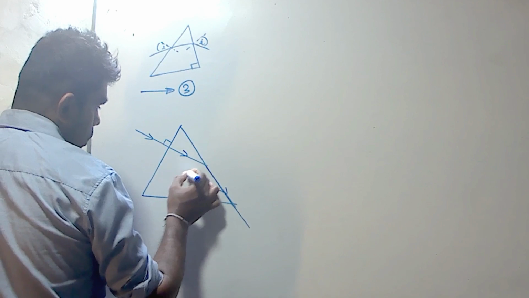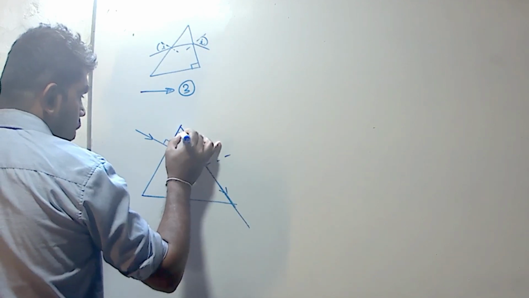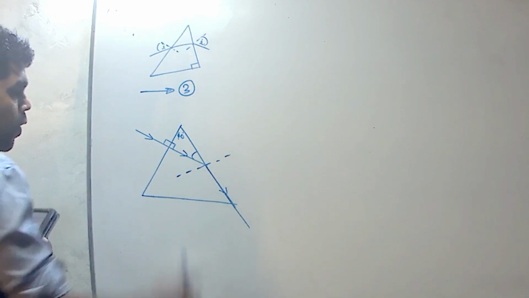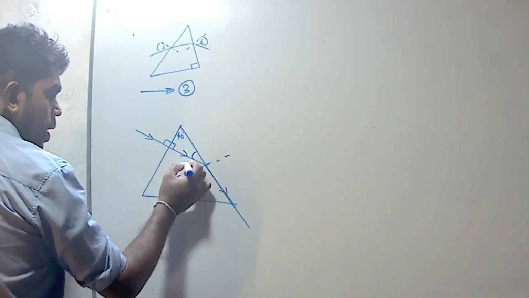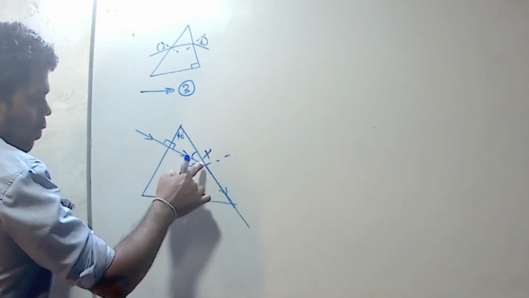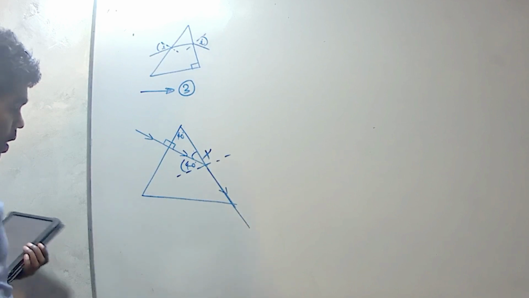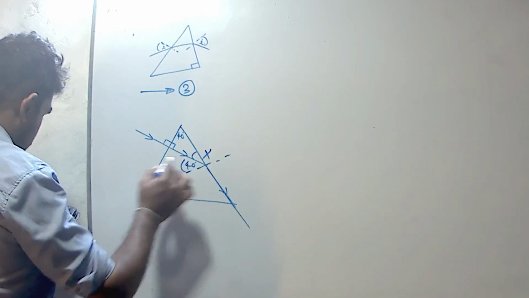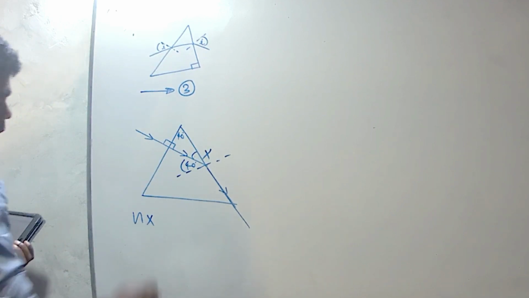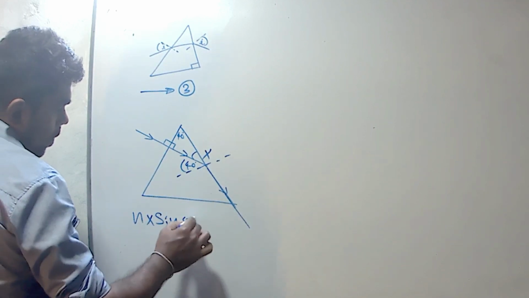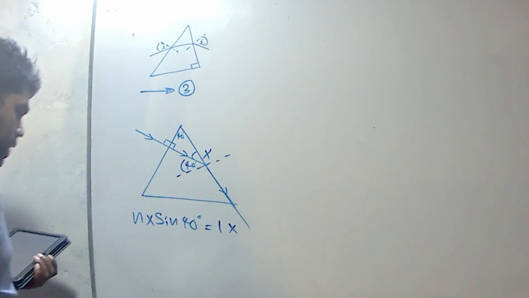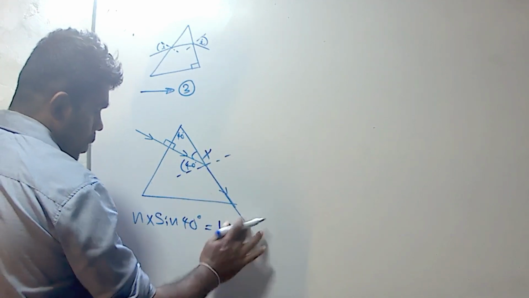Now, we know that this angle is 90, this one is 90 minus 40, it means 50. Again this angle is 40. Now we can use Snell's law for this point X. Then I will write: refractive index of prism medium n into sine 40 equals refractive index of outer medium, which is 1 because it is air, into sine 90.